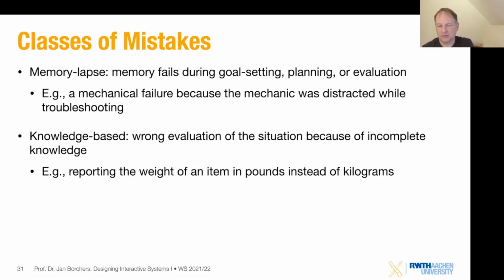You're like, oh, okay, so that's 2.8 kilos, so I need to put that much postage on it. But it was actually reporting the weight in pounds. You would have been fine with much less postage, right? Not a big deal. Post office is happy for you to pay more, but you made a mistake because you weren't aware that that scale was actually reporting weight in pounds instead of kilos.